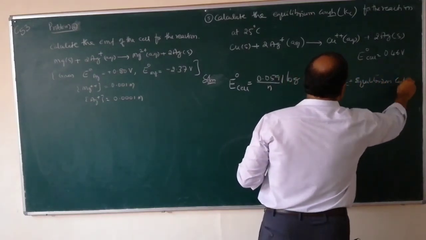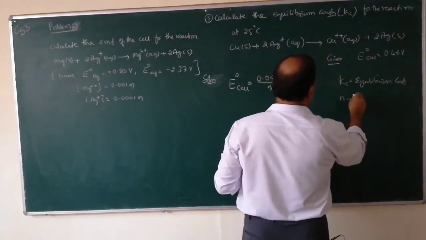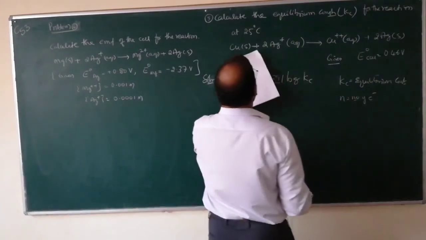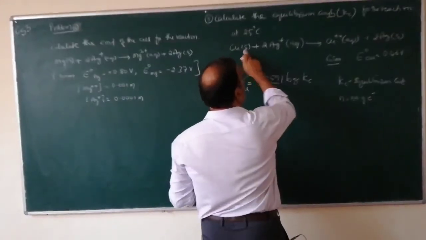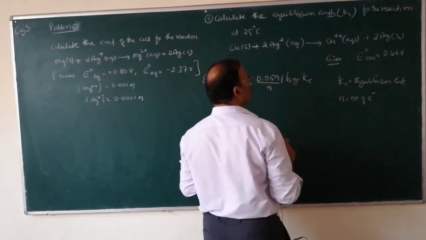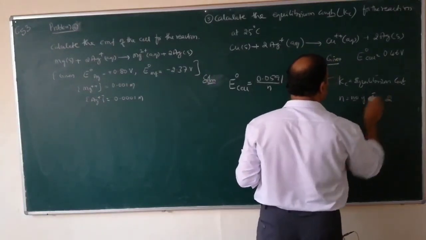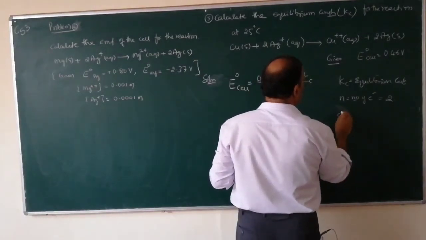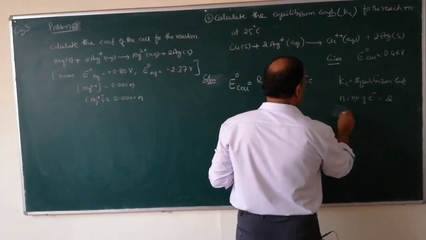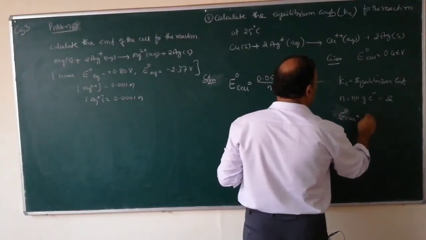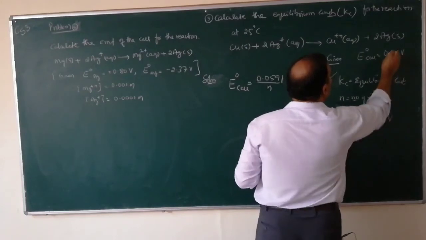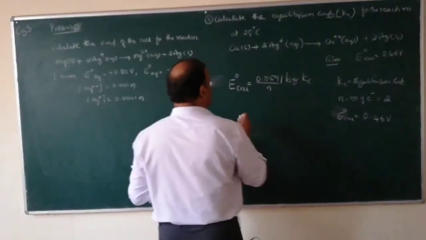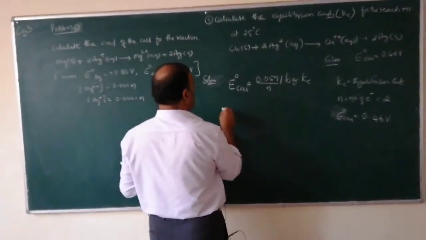N equals number of electrons. Here the number of electrons involved is, it loses 2 electrons, it absorbs 2 electrons. So this equals 2. And then E naught cell is given, 0.46 volts. So then what is log Kc?